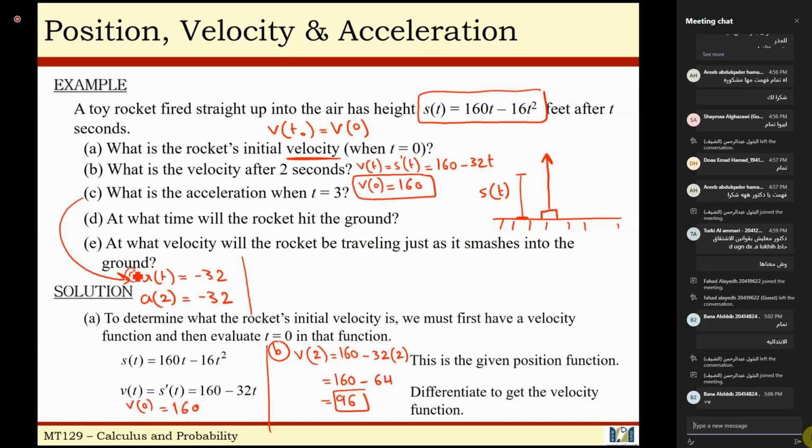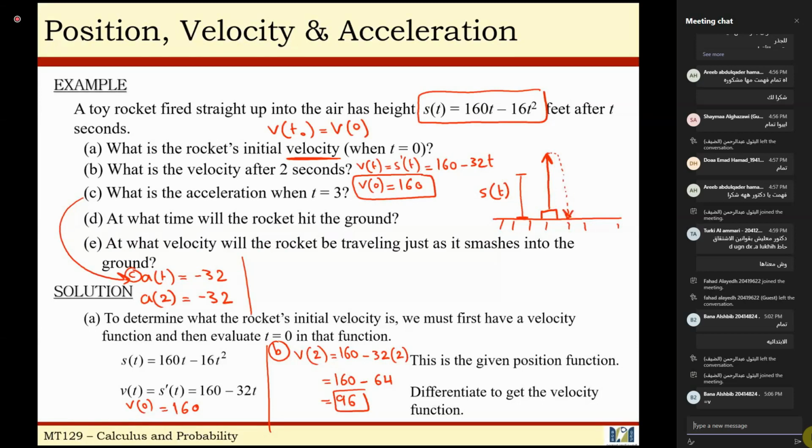D. At what time will the rocket hit the ground? Look at this. The rocket goes up in the air, stops, and returns to the ground.